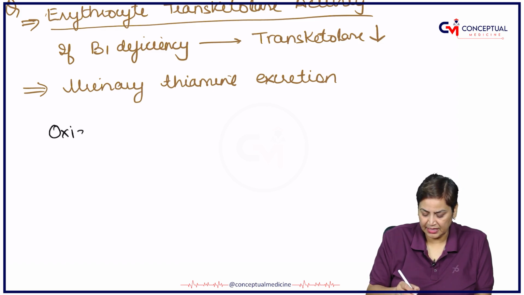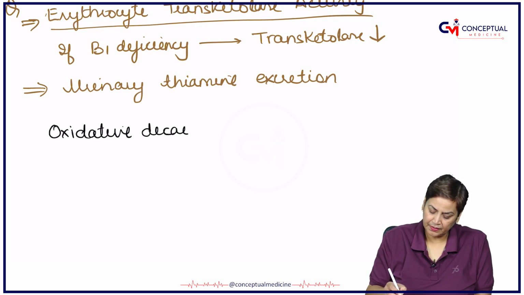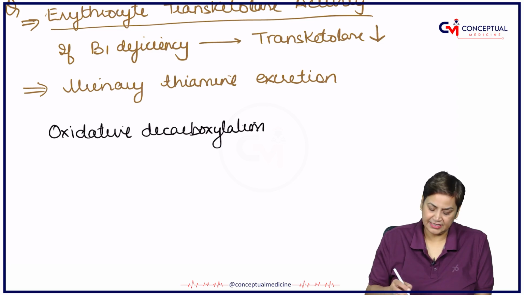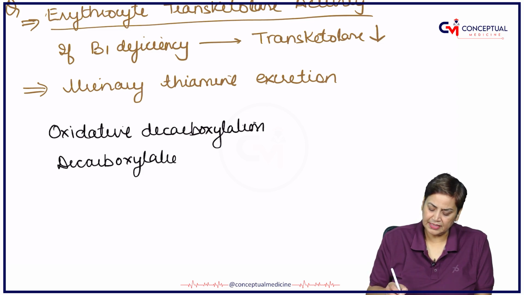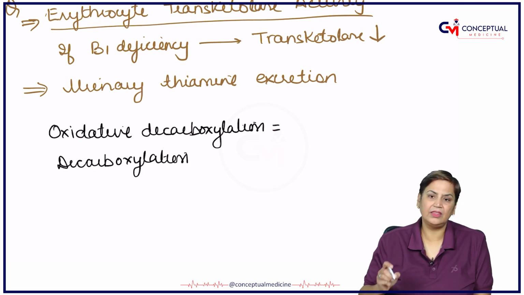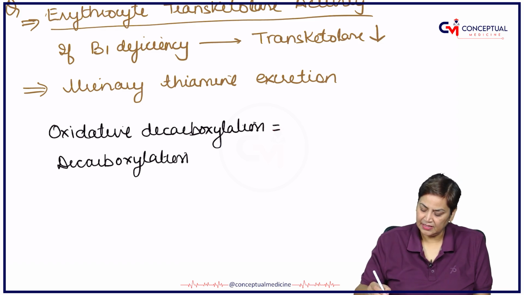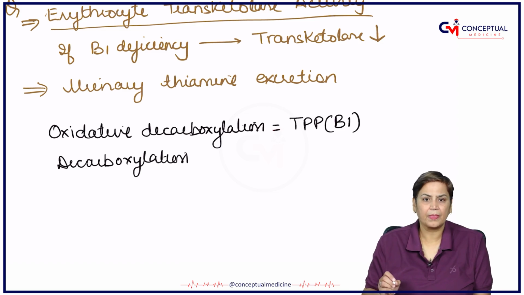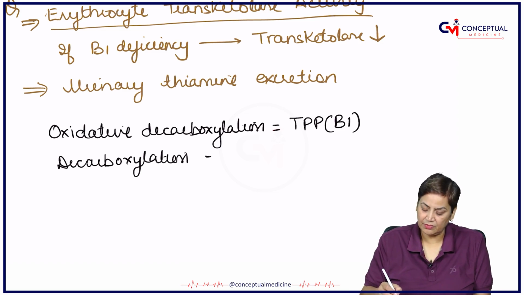One is oxidative decarboxylation, and second is simple decarboxylation. What is the basic difference? Here the coenzyme is TPP or B1, and in decarboxylation the coenzyme is B6 or PLP.